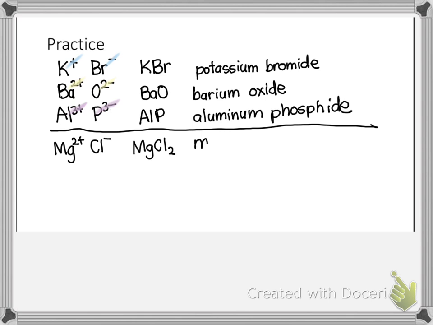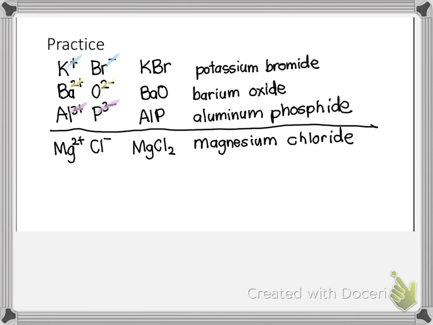And this would be called magnesium chloride. Now, even if it has 2 chloride ions, I don't really tell you it. I just say magnesium chloride. That's because ionic compounds, their formulas are based on their charges. So I don't have to tell you anything about them.